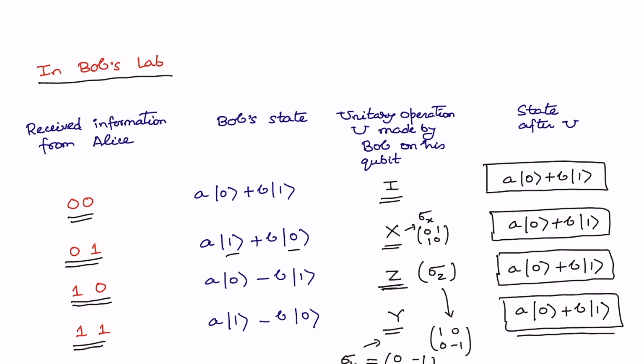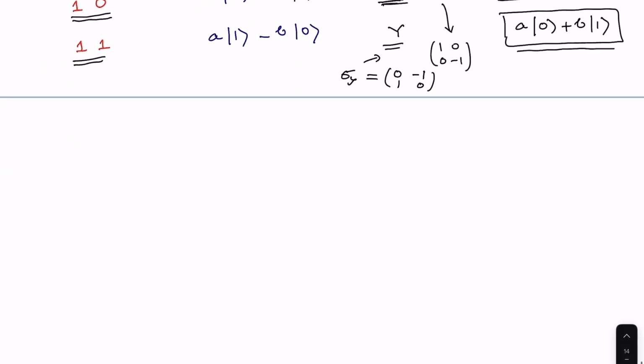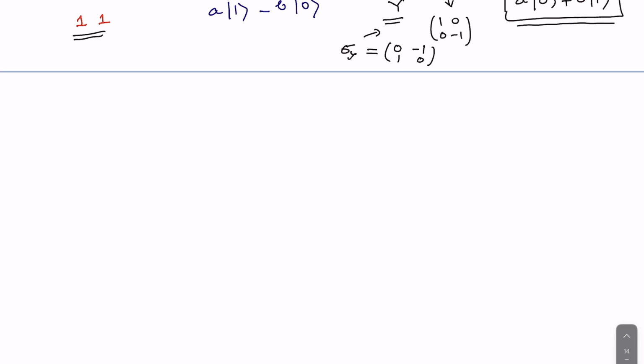So this is in short what the so-called quantum teleportation protocol is, and I can represent it very quickly through a schematic. Originally Alice had this unknown state ket psi which she wanted to send, and both Alice and Bob share an entangled Bell state.